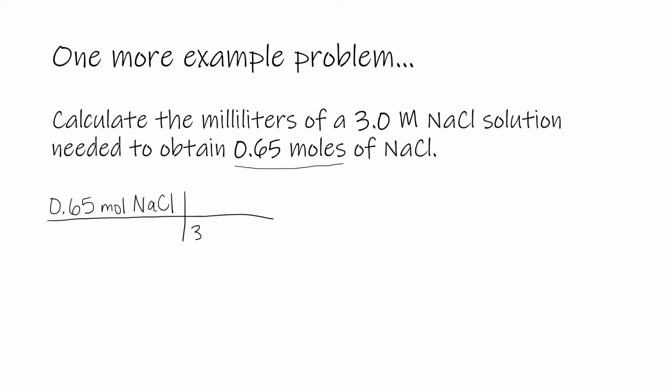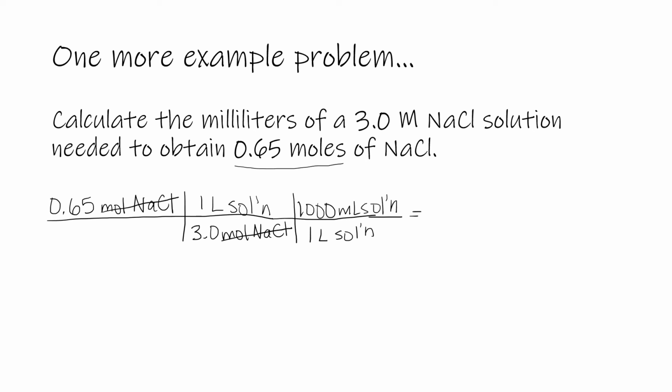So in this case, our 3.0 moles of sodium chloride will go on the bottom. 1 liter of our solution is going to go on the top. And so one last conversion. Let's cancel out our moles right here. And then we just need to convert to milliliters. And so we know that 1 liter is equivalent to 1,000 milliliters.